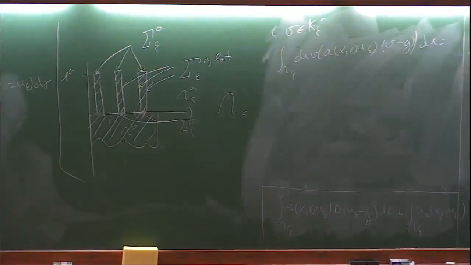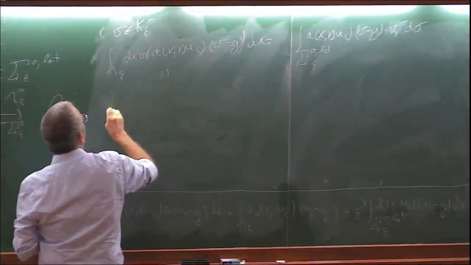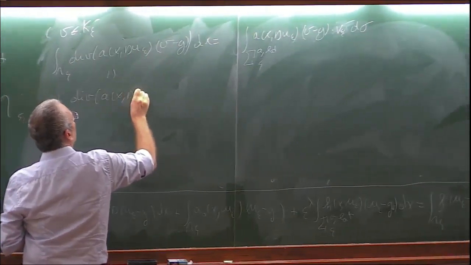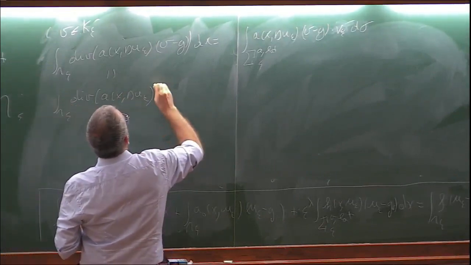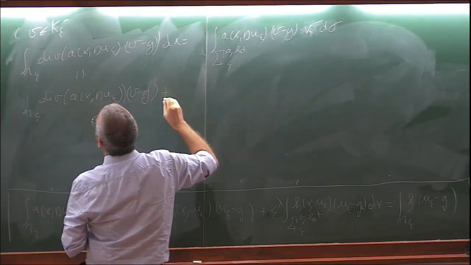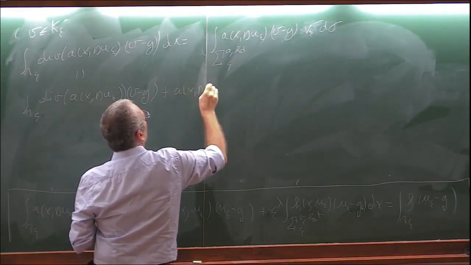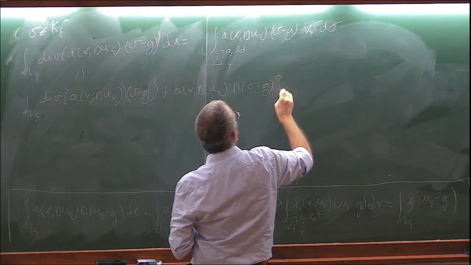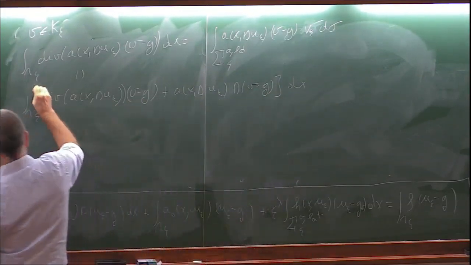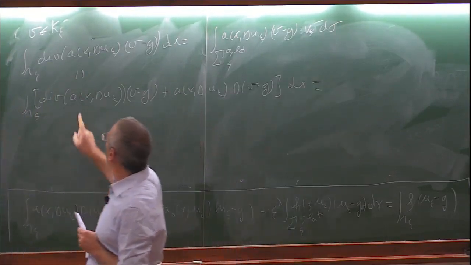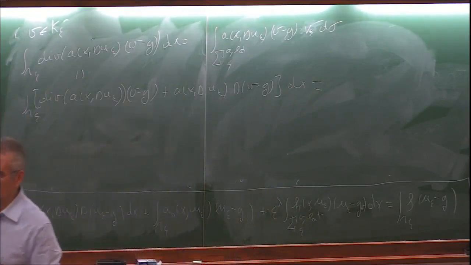Here, both v and g are functions of 0. As before, we can write the integral on omega epsilon of the divergence of A of x gradient of u epsilon times (v minus g), plus A of x gradient u epsilon times gradient of (v minus g) dx. This is equal, as before, I recall that u is the solution of that problem.